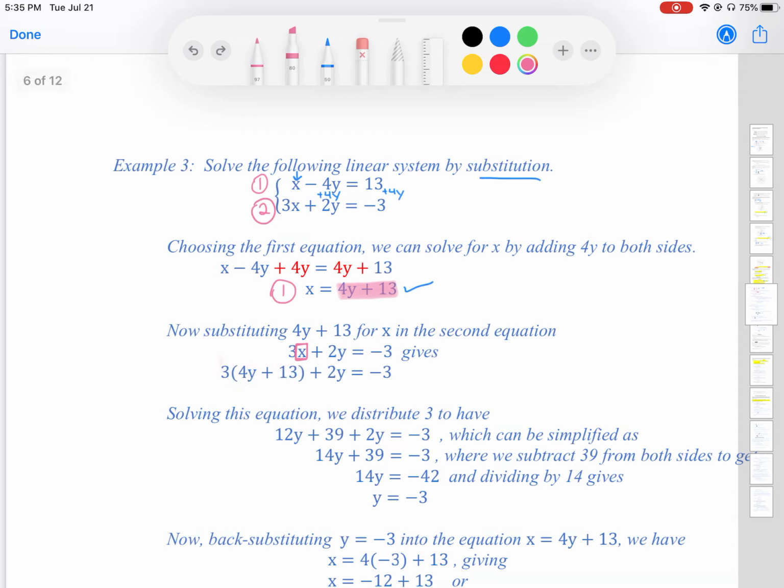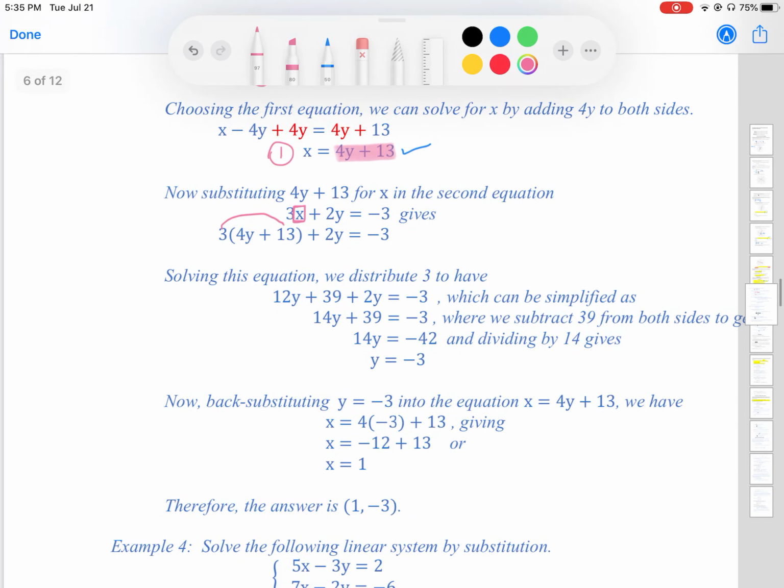Now you're left to distribute. 3 times 4 gives you 12y, and 3 times 13 gives you 39. So now we have to clean up our work. 12y plus 39 plus 2 equals negative 3. Our next step is to solve. Notice that you're in terms of y, so solve for your variable.